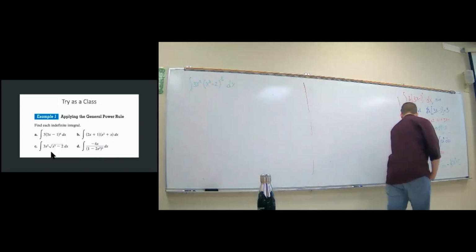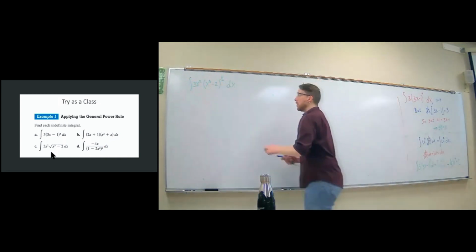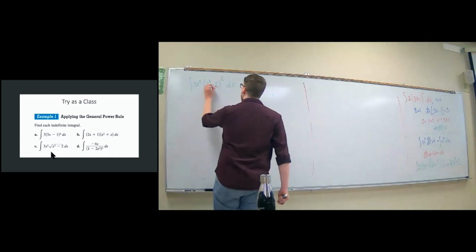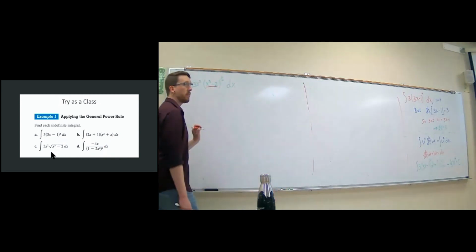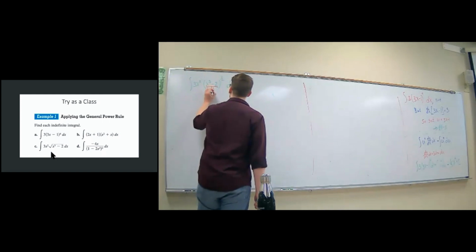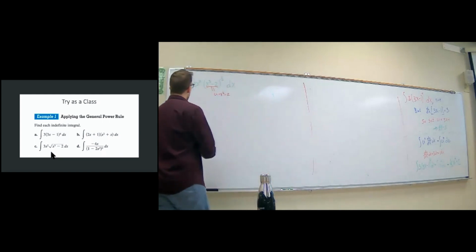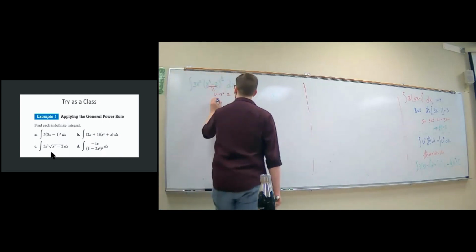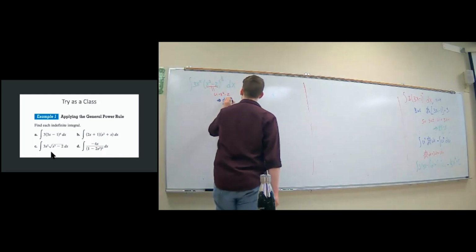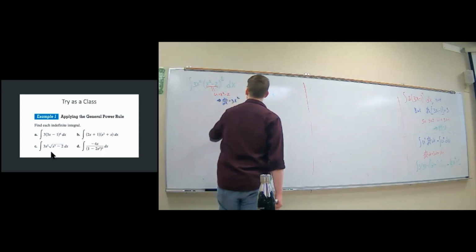Now notice really quick, if we say this interior thing is equal to u, then this tells us that du dx is equal to 3x squared, and that's it.